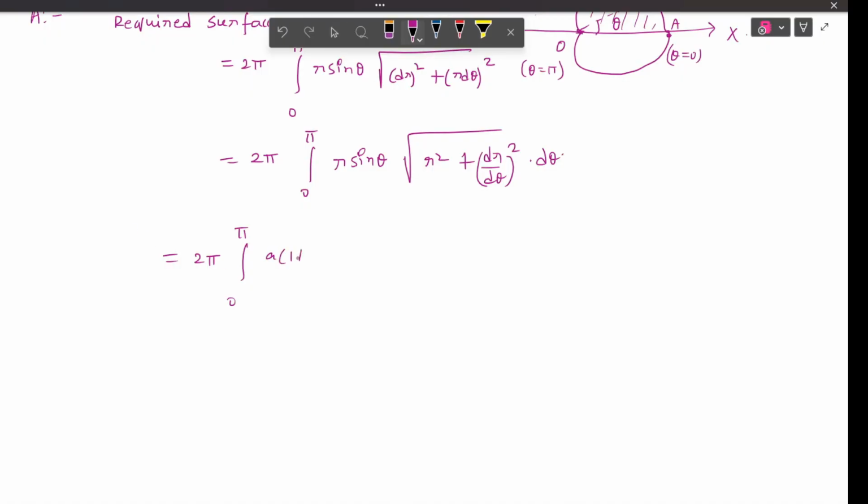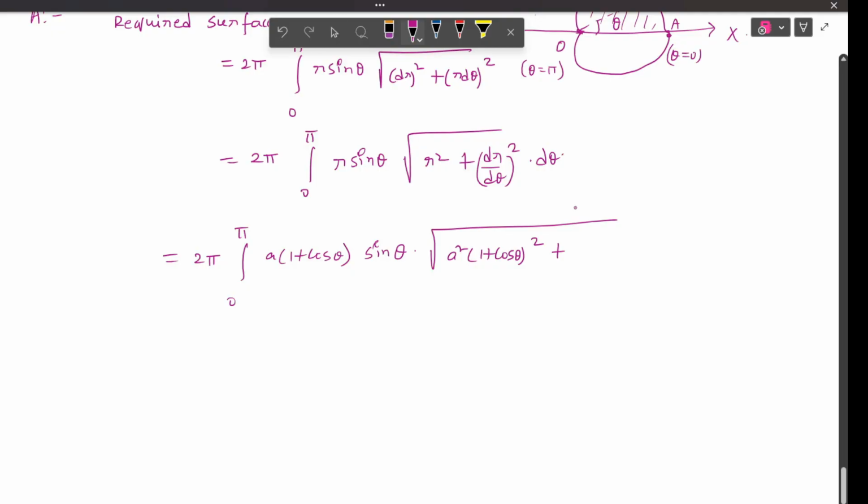A into 1 plus cos theta into sin theta, square root of r square, that is a square 1 plus cos theta square, and dr by d theta is minus a sin theta, so it would be a square sin square theta d theta.